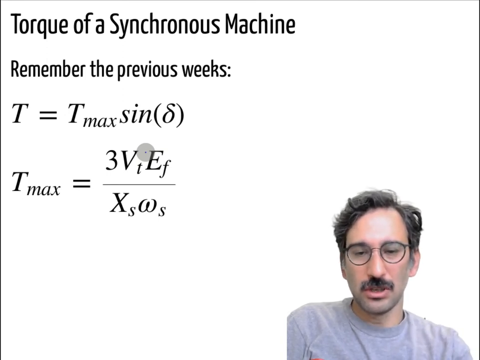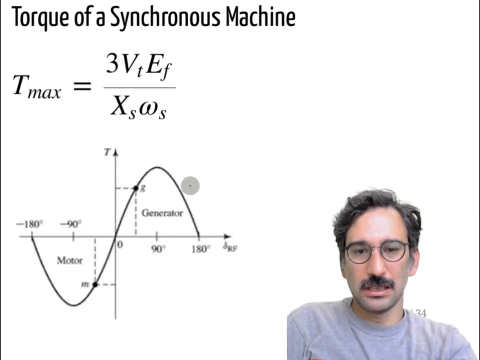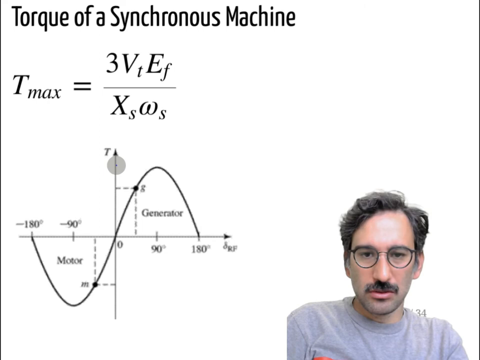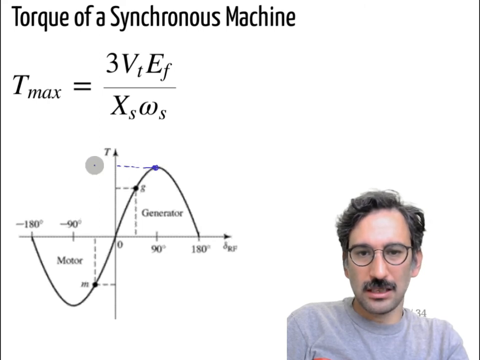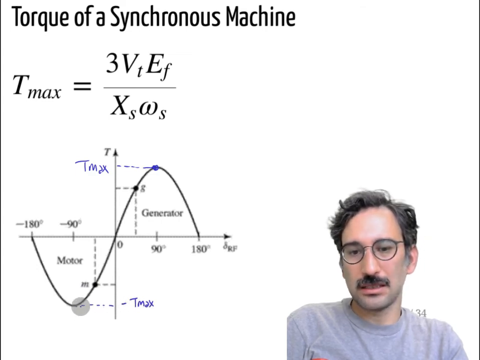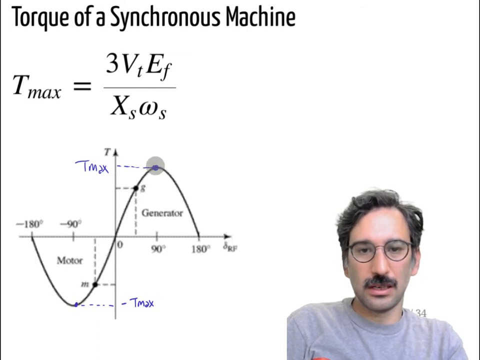So actually, if you think of that equation, and if you just come back to here, Tmax here is that value, and that value is again minus Tmax, it is ideal.